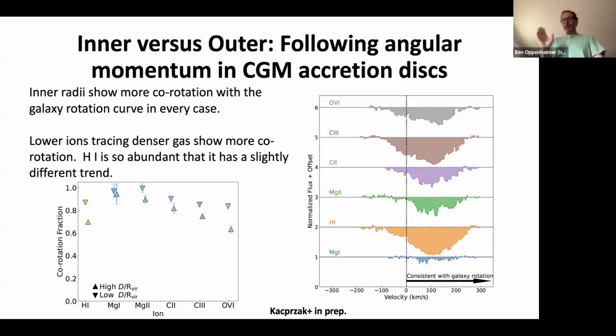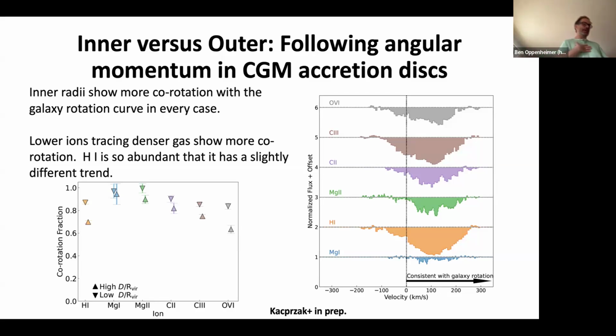So we have a lot of H1 data, and there's a trend that every ion, high ion and low ion, is showing co-rotation. There is slightly more co-rotation with the low ions than the high ions. I actually predicted that oxygen 6 would show much less co-rotation than shown here.